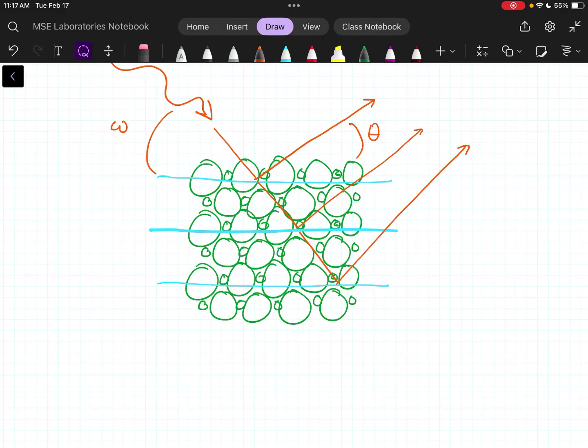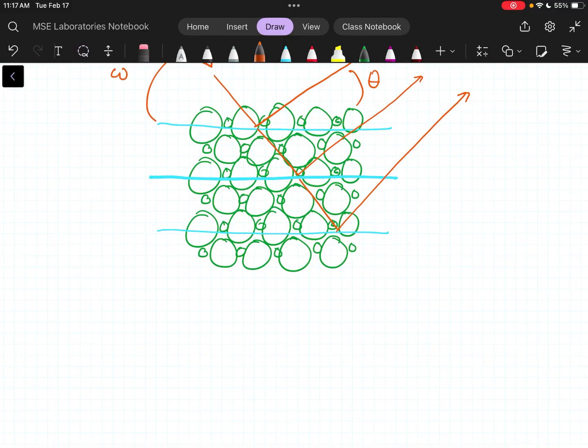And what happens is sometimes, depending on this incoming and outgoing angle, and depending on the wavelength, and depending on how far they had to travel, which is related to the spacing between these and this incoming angle, right? I could use a little bit of geometry to figure out this angle based on this distance and that distance.